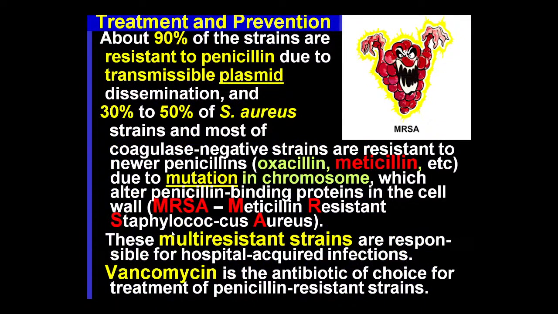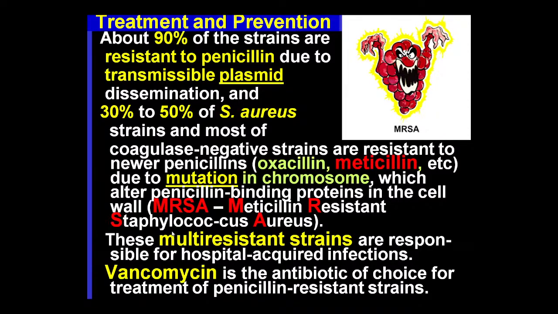The treatment is usually performed by penicillins if they are effective, because generally they are very susceptible to penicillins, unless the transmissible plasmid, which keeps information about beta lactamase, is there. It gives resistance to staphylococci.